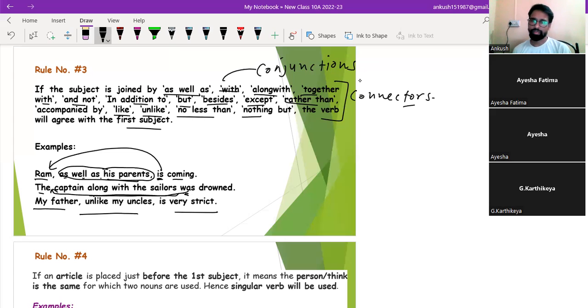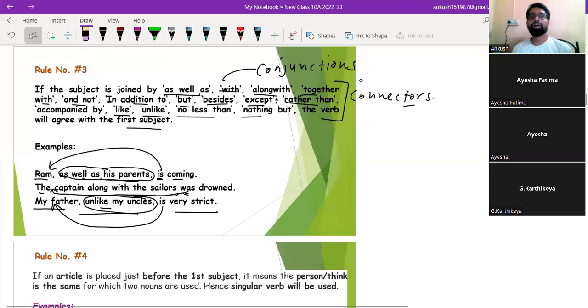Sir, can you explain it once more? I didn't understand. Yes, I will explain it. One second. So here the verb agrees with the first subject, my father, not with the uncles, because these connectors do not allow the latter subject to agree with the verb.